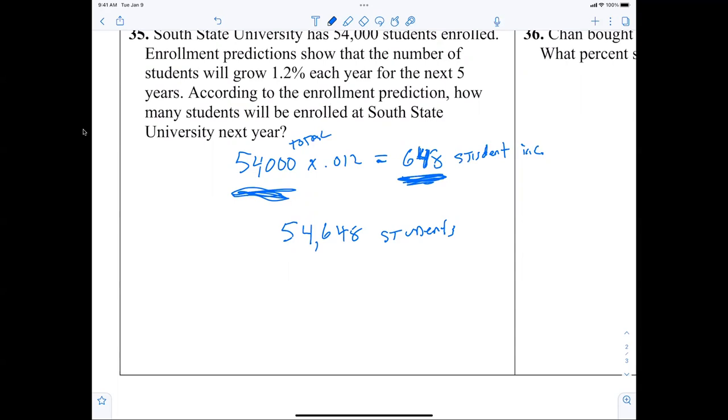That's how we did it, 54,000 times 0.012. Is that right? Yeah. So generally what I tell kids, if they give you a percentage, you're looking for the part. So you just multiply them together. Is everybody hearing me? All right. Not all the time, but most of the time.